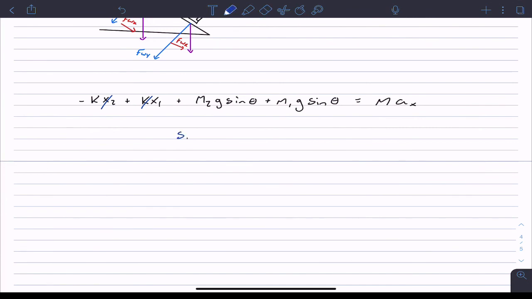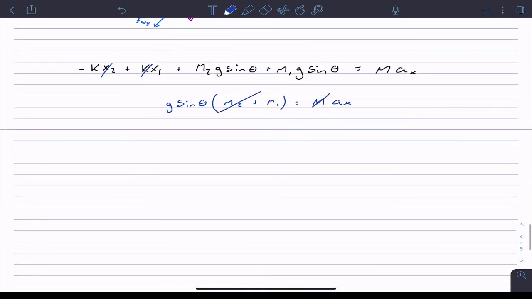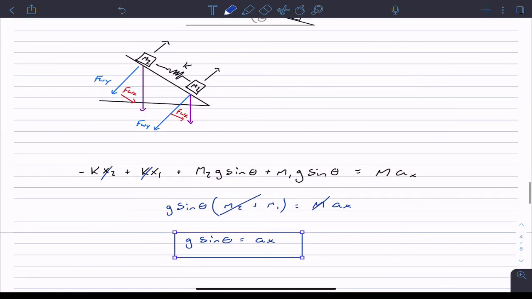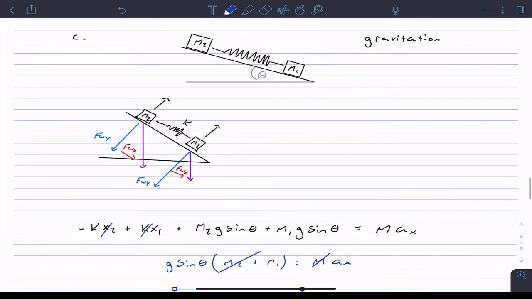Now we have g sine theta times m2 plus m1 is equal to net acceleration. So these would cancel because this is net mass, and then g sine theta is your net acceleration. So yes, we do have external forces acting on the system because we didn't include those in our system initially.